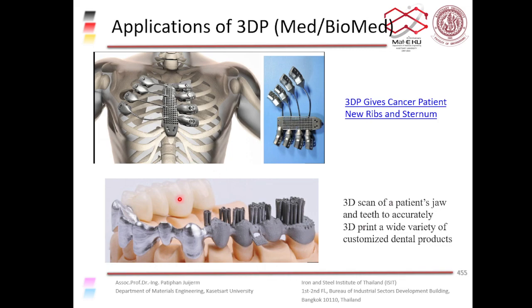You can 3D print false teeth, so you can do the 3D scanning, manipulate the scan in a CAD program to be the shape that you want, and then print it using metal, so you can get false teeth made from titanium in this case. And you can use it to customize many dental products as well.